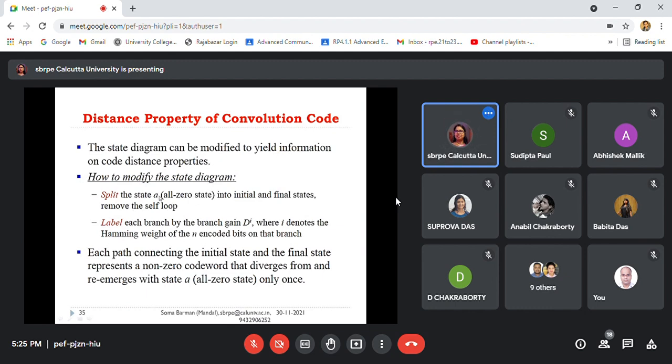Okay, so split the state A, the all-0 state, into initial and final state.